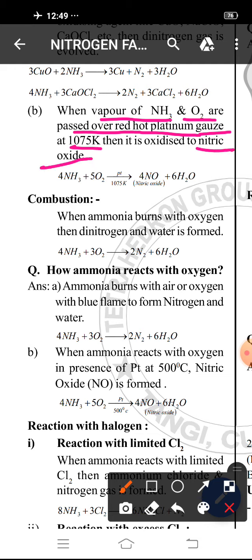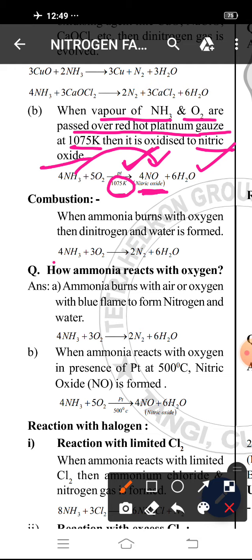Addition of oxygen is an oxidation reaction. In presence of platinum surface, it forms nitric oxide and water.